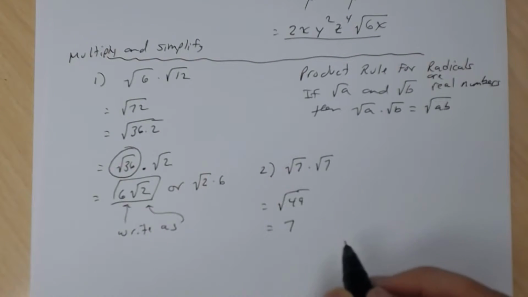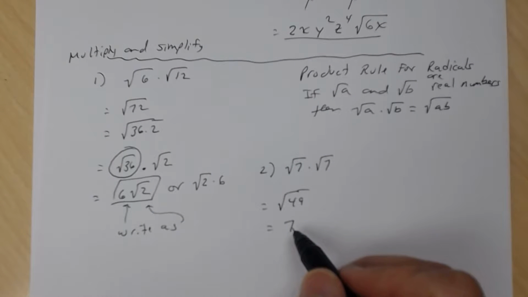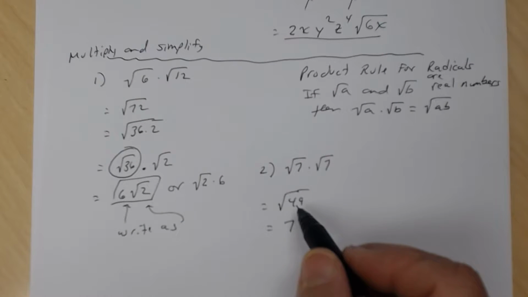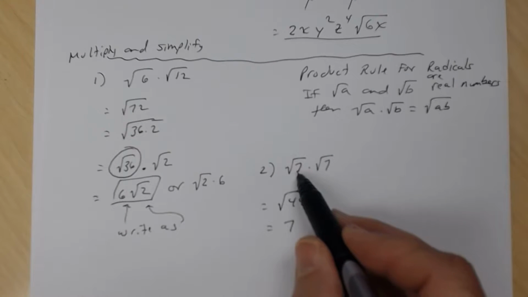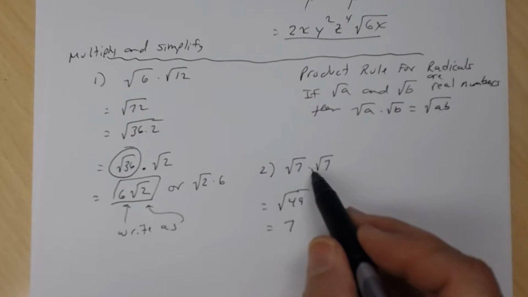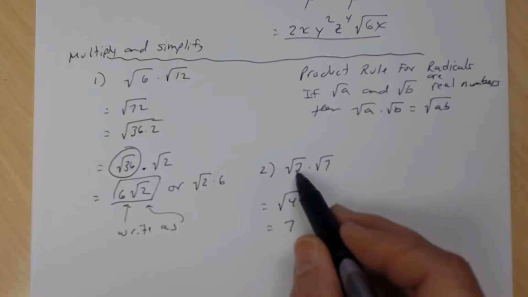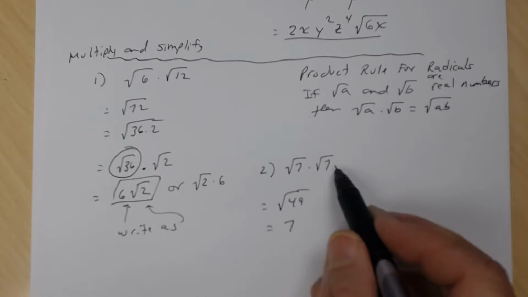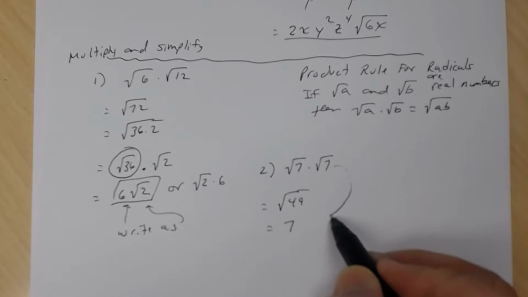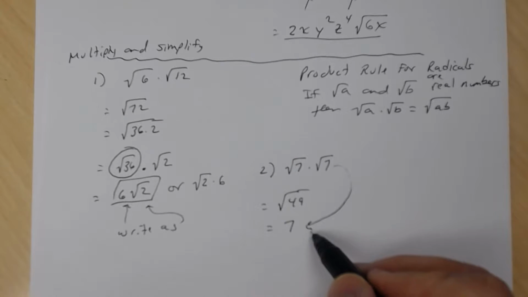Now, notice that the radicand was a perfect square, and notice how I got that perfect square. See how these radicands were the same? This is 7, this is 7, and I ended up with the answer being 7. It's not a coincidence.